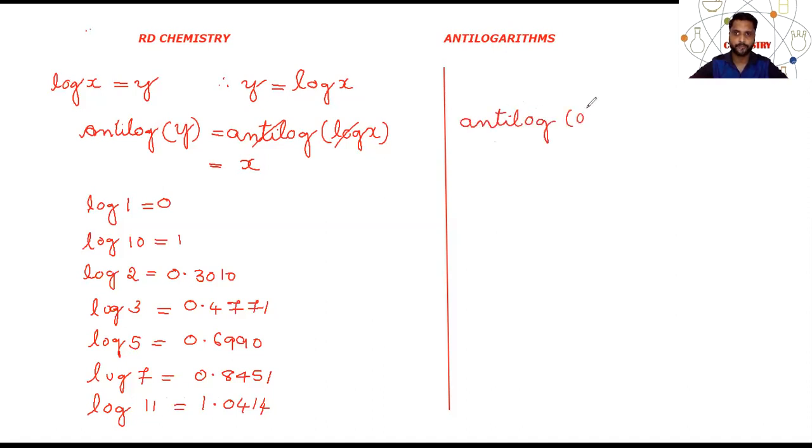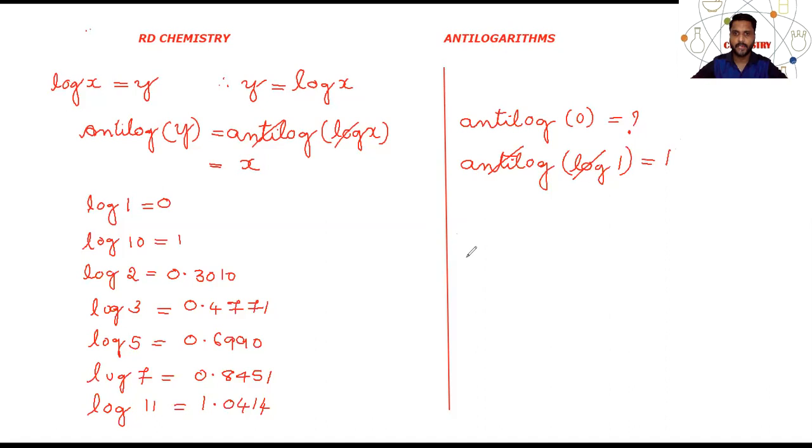Now I want to calculate anti-log of 0. Anti-log of 0 can be written as anti-log 0 is equivalent to log 1, which is equal to anti-log, and log cancels out. Therefore, anti-log of 0 is equal to 1.